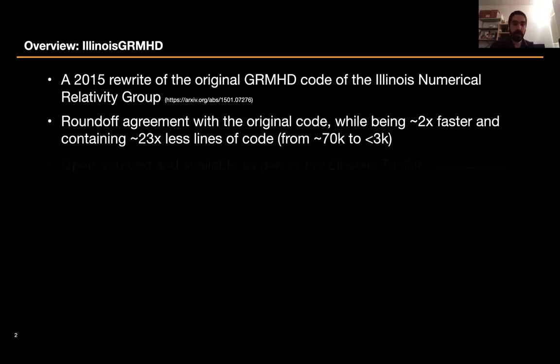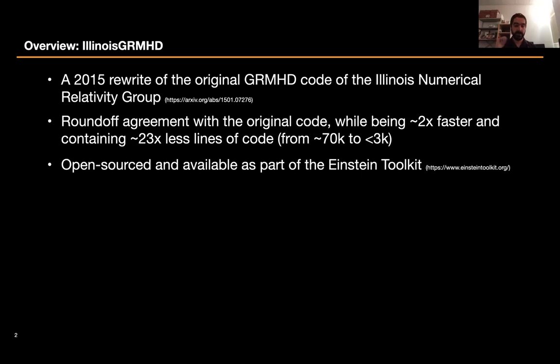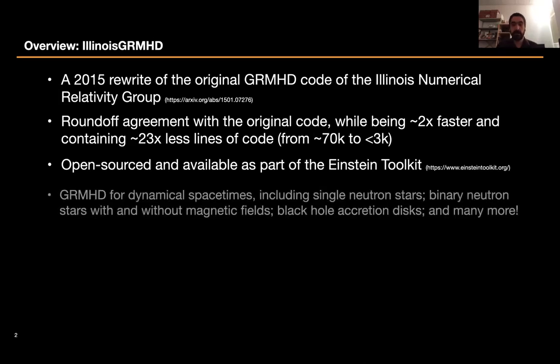It is completely open source and available as part of the Einstein Toolkit, as our fellow TCANers have already mentioned. It is capable of providing GRMHD support for dynamical spacetimes, and the physics that it can analyze includes single neutron stars, binary neutron stars, with and without magnetic fields, black hole accretion disks, and many, many more.